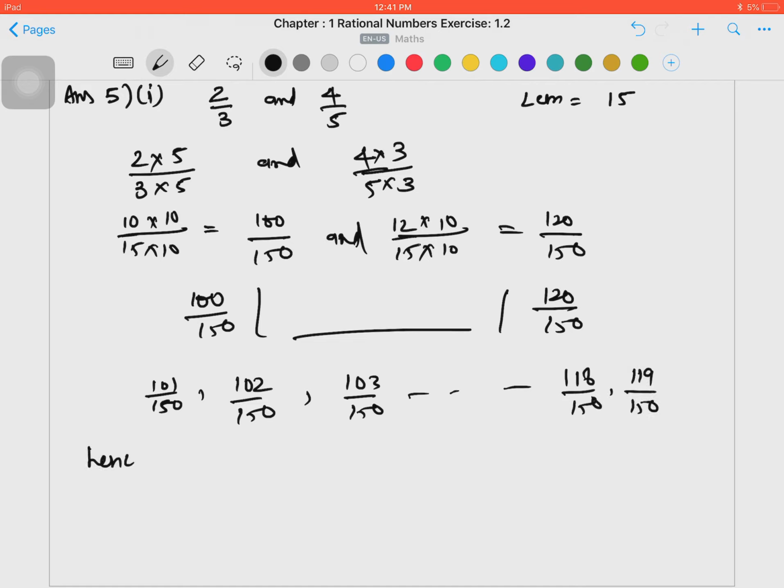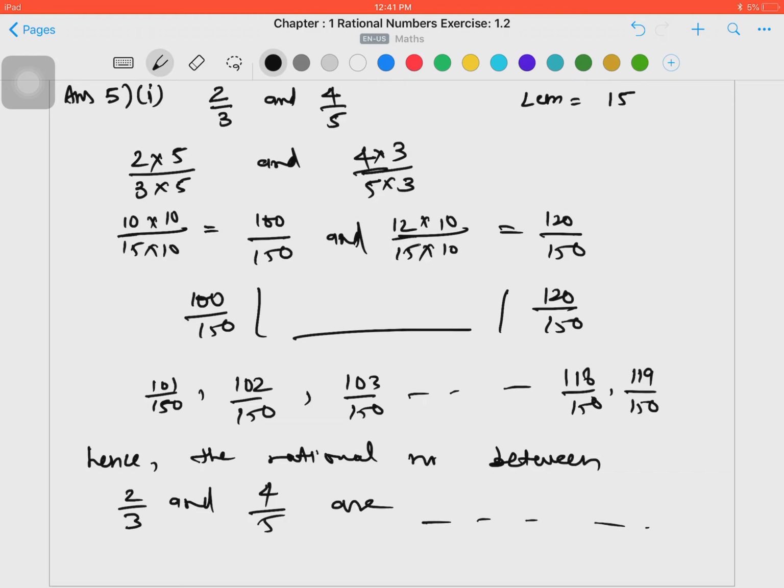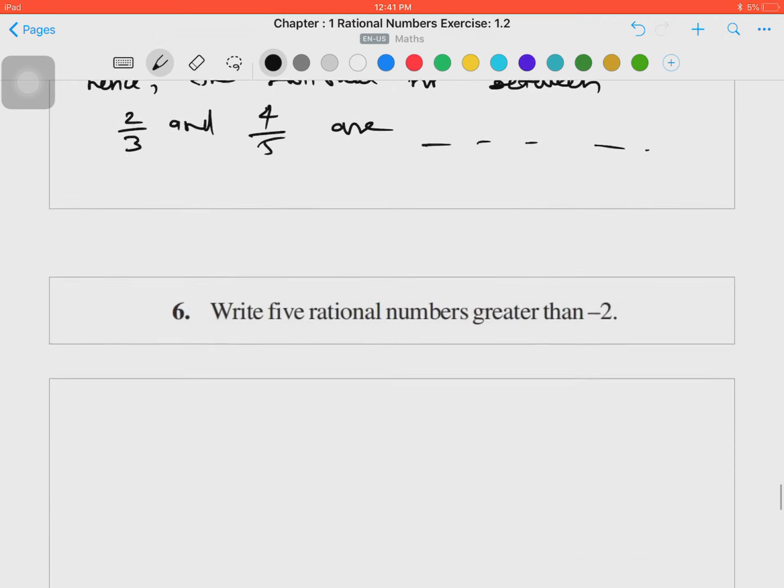So you can write hence the rational numbers between given number which are 2 by 3 and 4 by 5 are, you can write any 5 number out of these numbers. Okay, that will be your answer. Then come to the next two question.